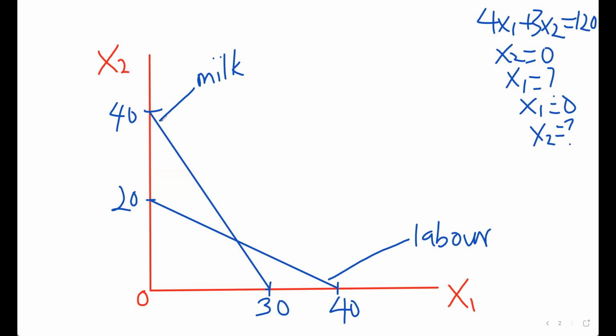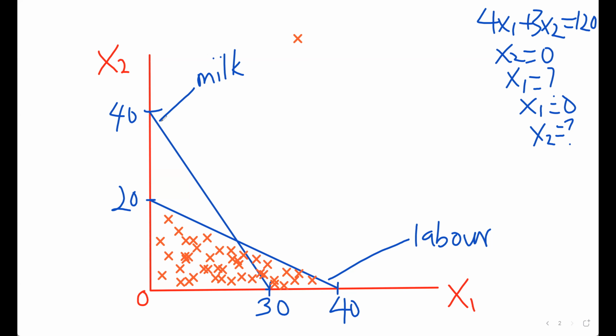You will notice that if we are to look at this page, the labor constraint area is what I am trying to shade. All of this area here is labor constraint area. Labor constraint, labor constraint, labor constraint.